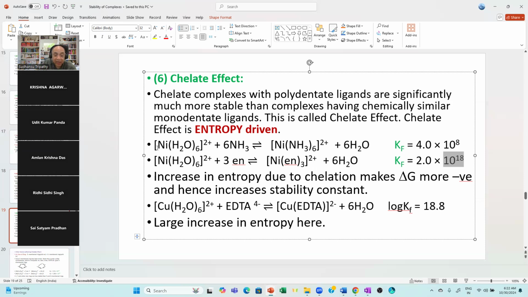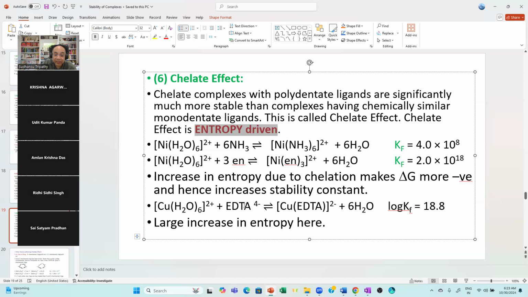Here there are 7 particles on the left side and 7 on the right side, but in the chelate case there are 4 particles on the left side. Ethylenediamine may be a longer molecule, but it's taken as 1 particle. So there are 4 on the left side, but once again 7 on the right side. So there is an increase in the number of particles, which means the chaos, the entropy, increases. Delta S is more positive here, but delta S doesn't change in the first case. So the entropy factor is the major factor which makes delta G more negative, and the stability constant becomes more. So it is primarily entropy driven.